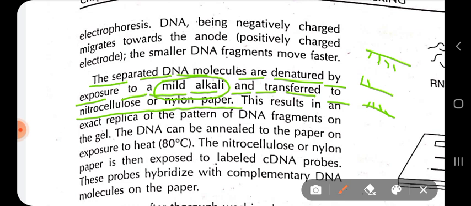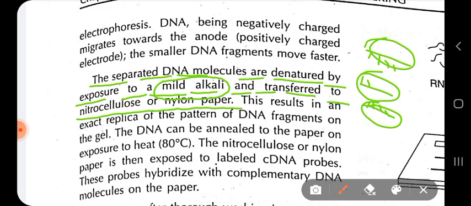Why are we doing that? In order to stick this single stranded DNA, just made by mild alkali treatment, to that nitrocellulose or nylon filter paper. This process is known as blotting.